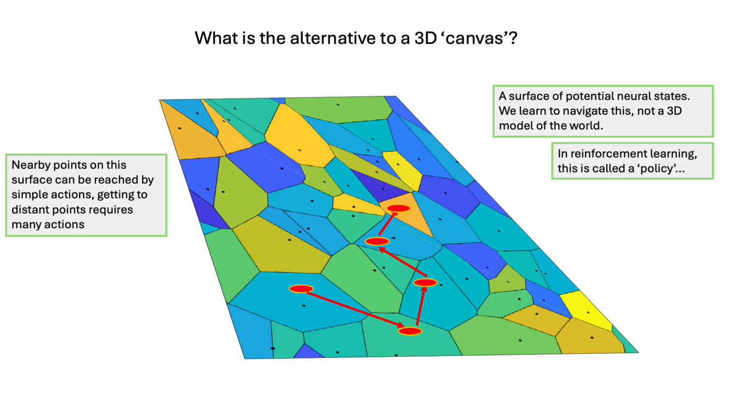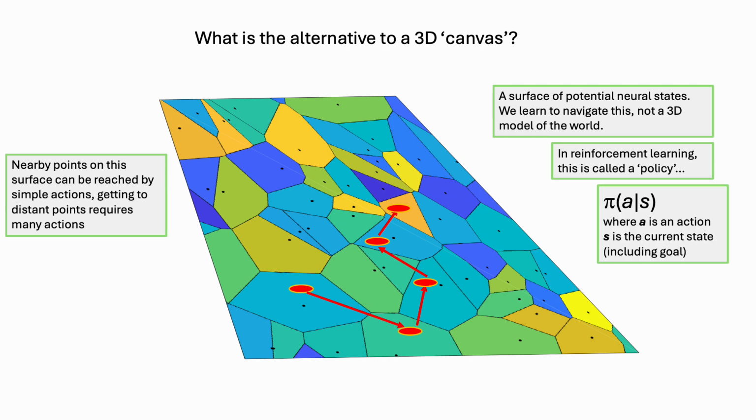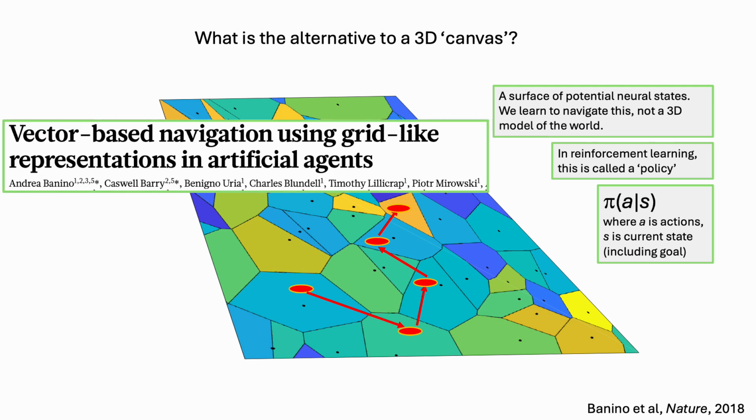In reinforcement learning, this is called a policy. So that's a set of actions triggered by S, which is the current state. So a set of states all are linked to a particular action.